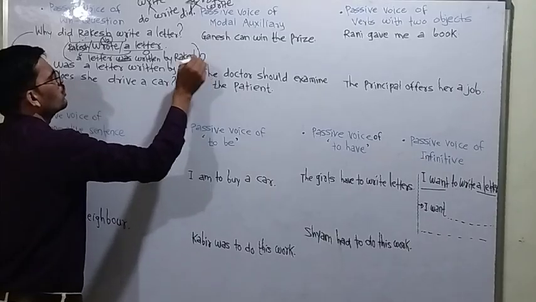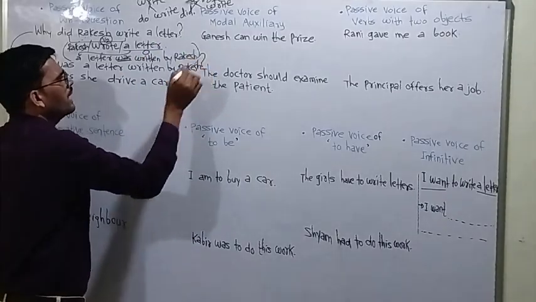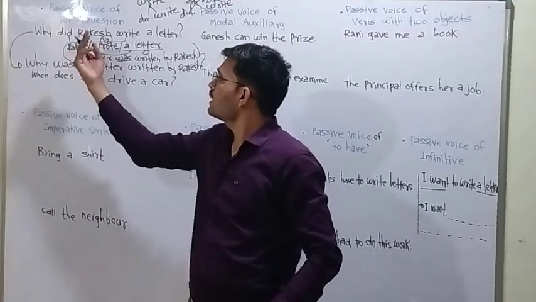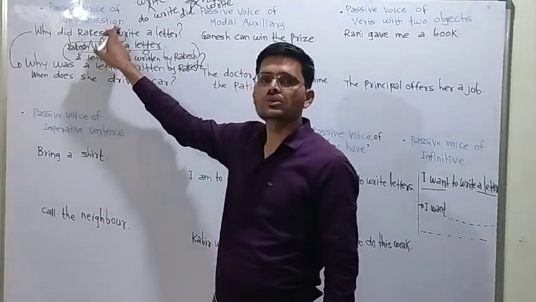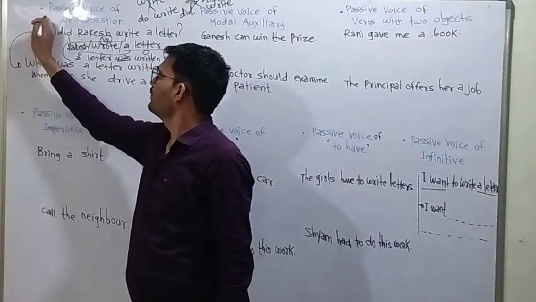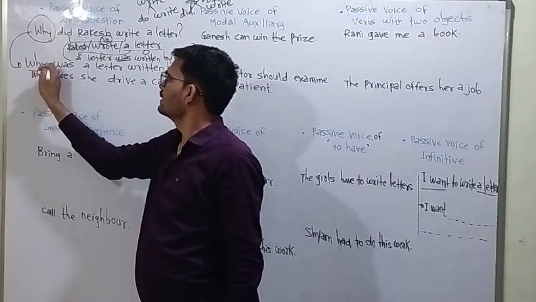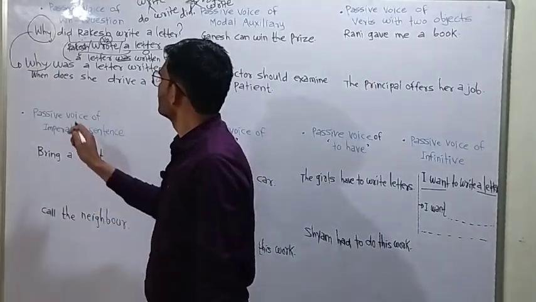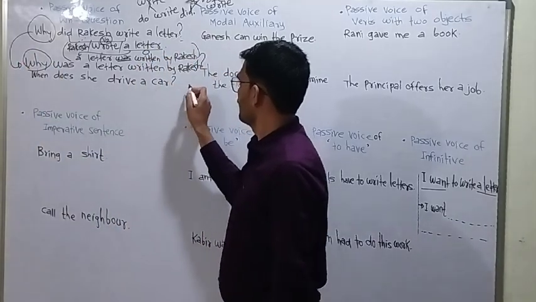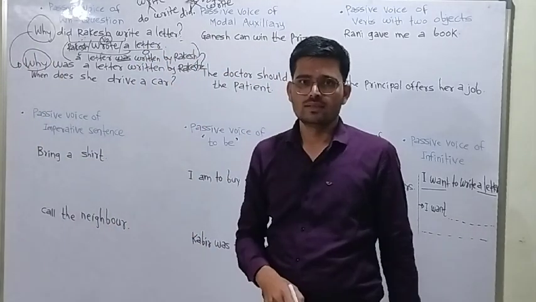At last there is a question mark. If in active voice, in a WH question, there is a WH word at the start, we use the same word in the passive. If there is a question mark at the end in active voice, in passive voice there is also a question mark.